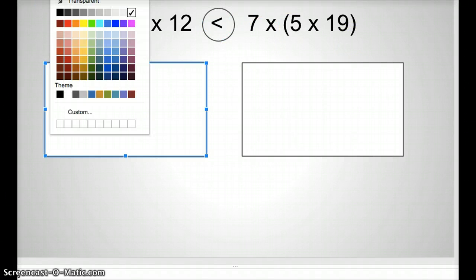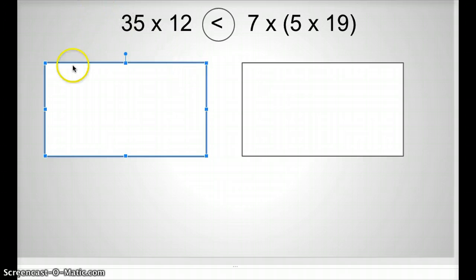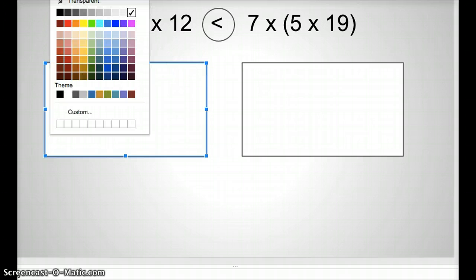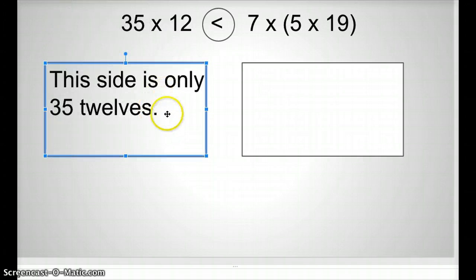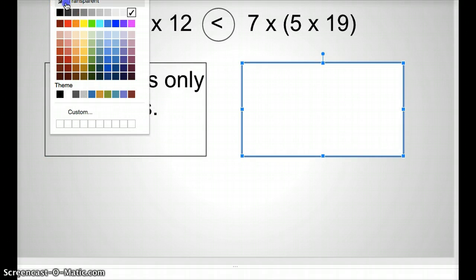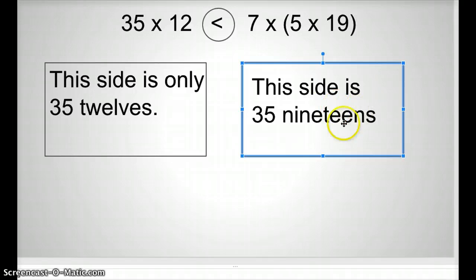And that's exactly how I explained it also. This side is only 35 12s. This side is 35 19s. So obviously 35 19s is bigger than 35 12s.